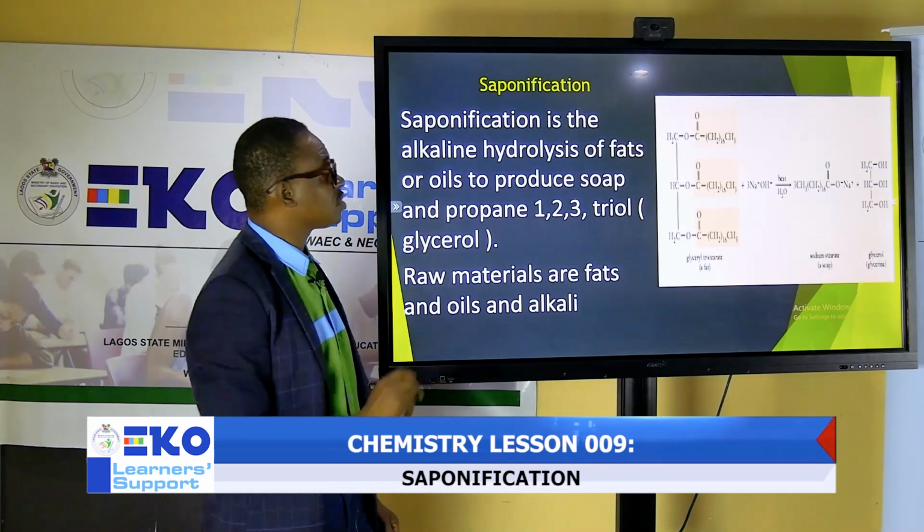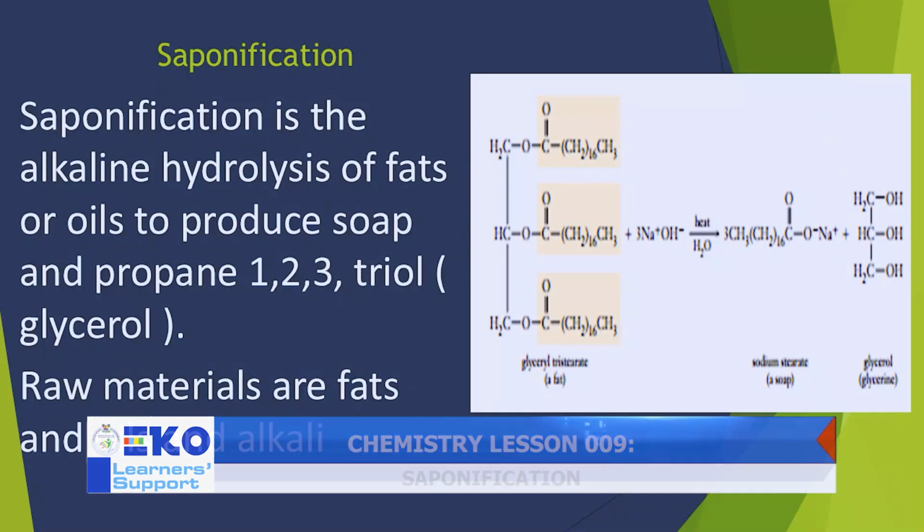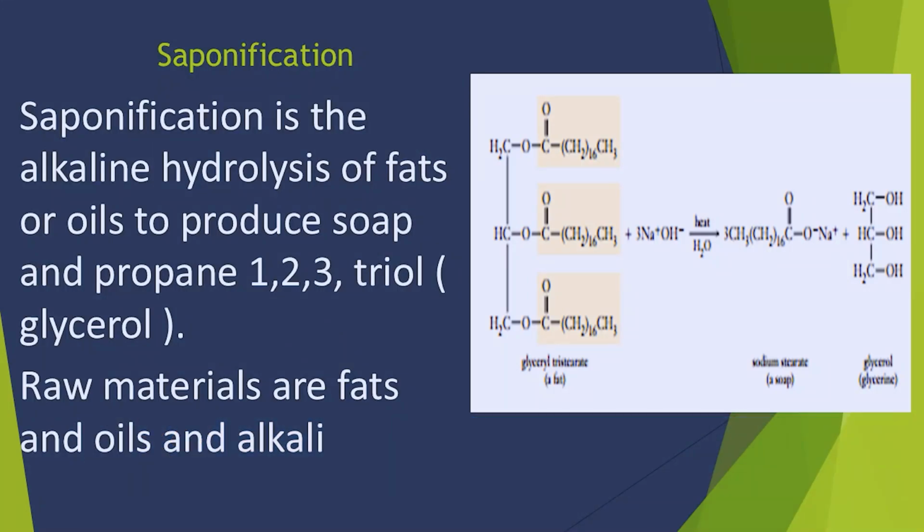So saponification is called alkaline hydrolysis of fats or oil to produce what we call soap. Will you say that again? Alkaline hydrolysis of fats or oil to produce soap.